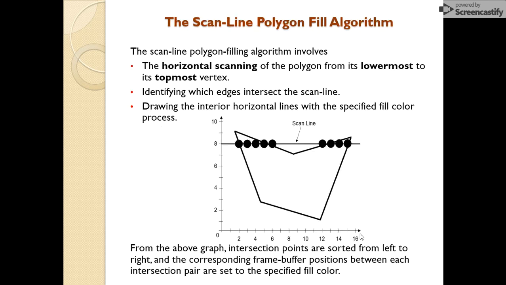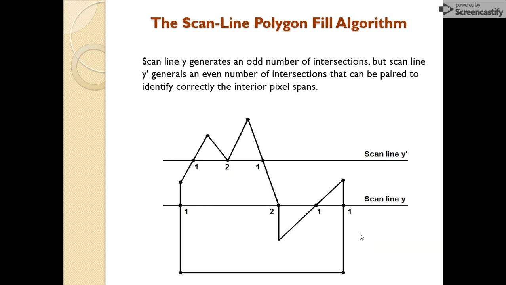Coming to the scanline polygon fill algorithm, we go from the lowermost to the topmost vertex, where the scanline is taken as a reference. The area that is divided, which comes under the scan line or above the scan line, is filled with a particular color. Here we have a picture that represents two scan lines, y and y dash.